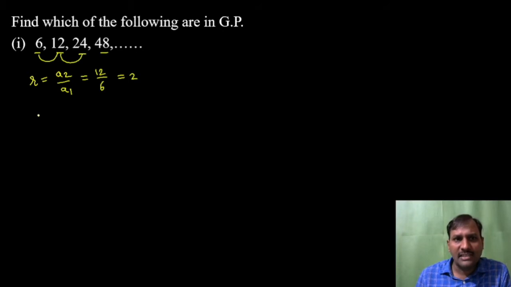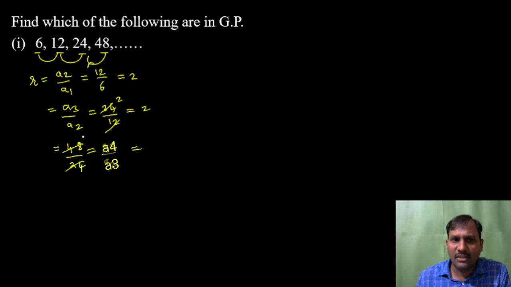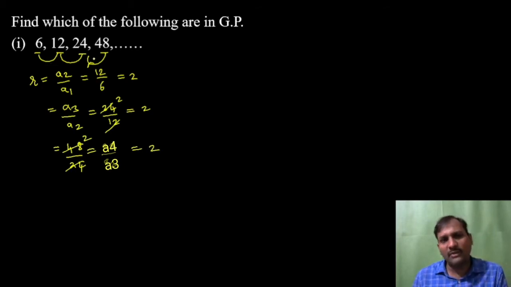Or take A3 by A2, that is 24 by 12, which is also equal to 2. Therefore, the ratio between any two consecutive terms is constant. Therefore, this list of numbers is in GP.